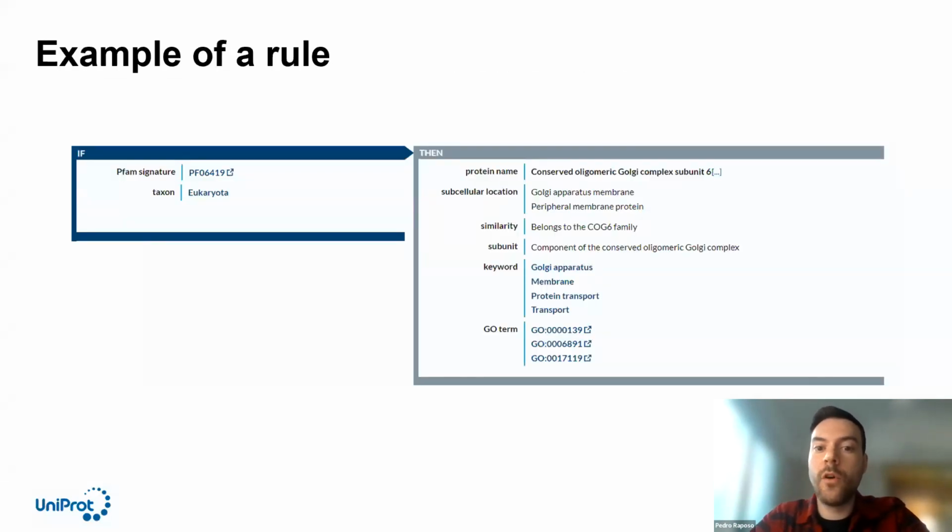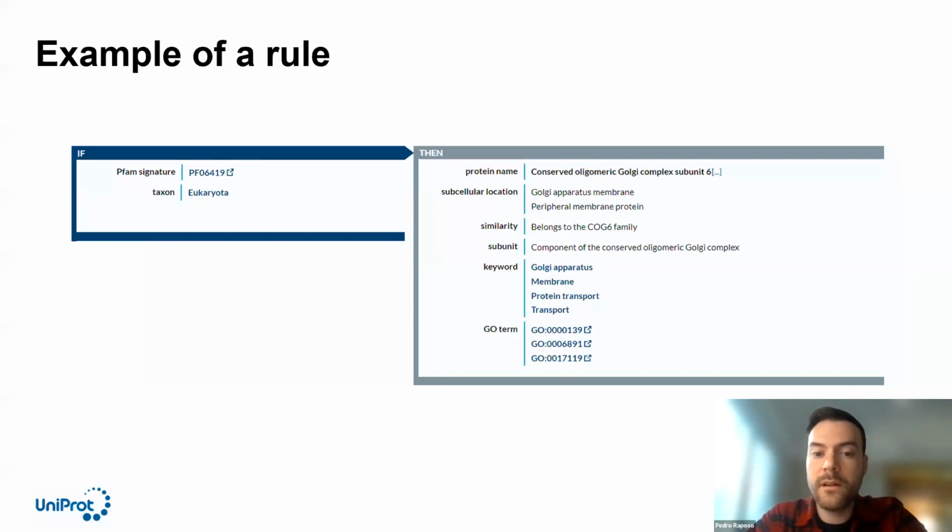This is an example of a rule in UniProt. We see it is divided into two parts. The left part is the conditions and the right part is the annotations. The conditions describe how we grouped these proteins together, what they have in common. In this case, we group proteins that have this Pfam signature described here, and they come originally from eukaryotic organisms.